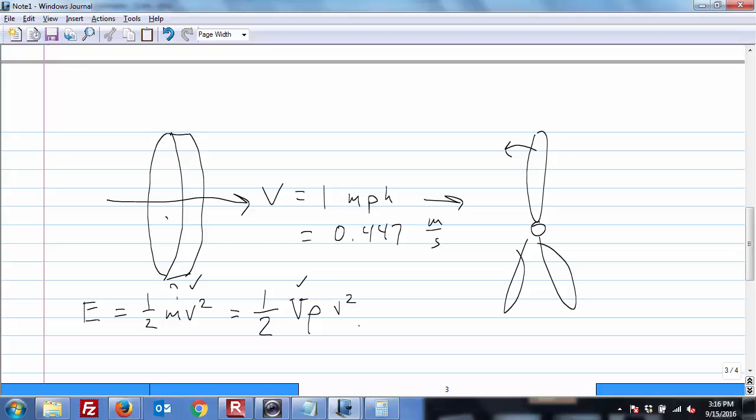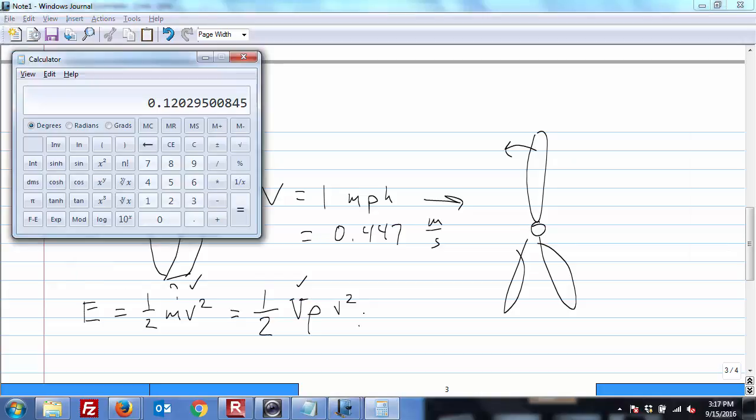Okay. You can also see why the velocity is so critical, because you get a lot more bang for your buck because it's parabolic. The power equation for wind turbines is actually velocity cubed. And we'll derive that later.